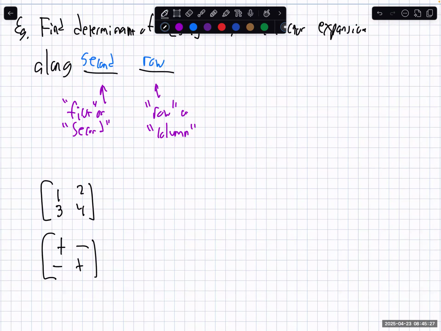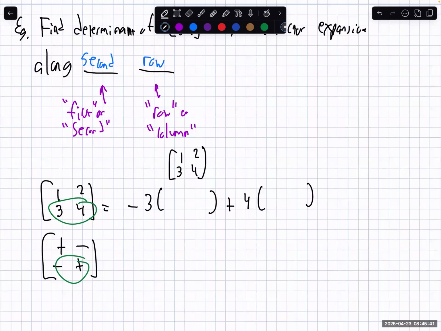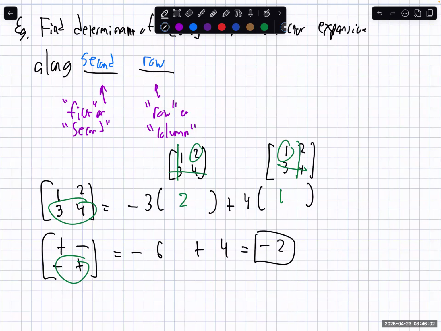Checkerboard. We're doing second row. So it's -3, +4. We cross out 3's row and 3's column. Take what's left. 4's row and 4's column. Take what's left. We've got -6 plus 4. The determinant is -2.